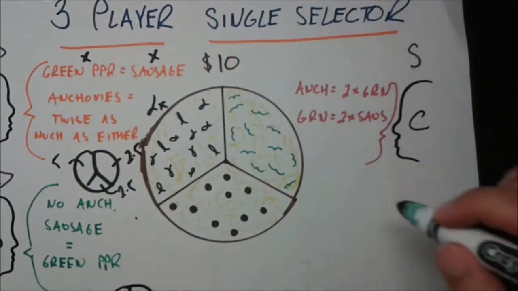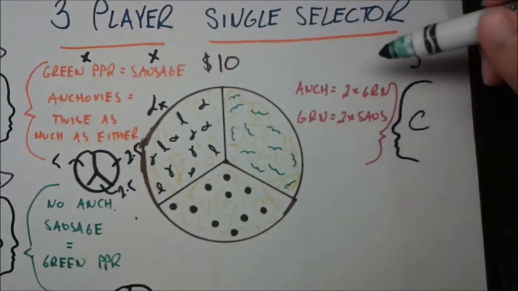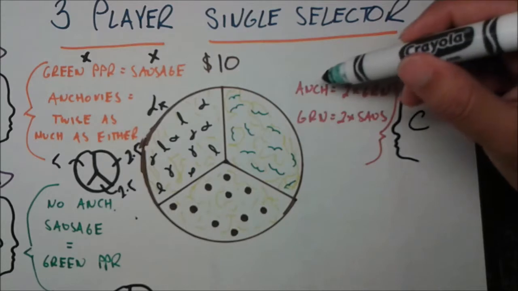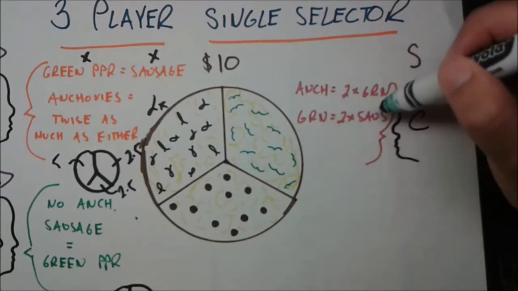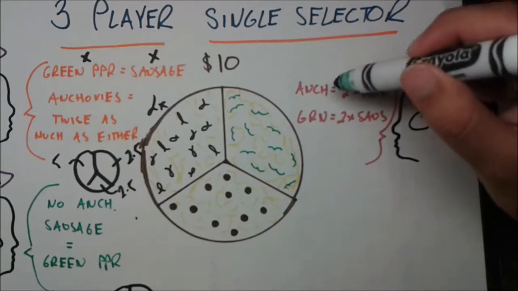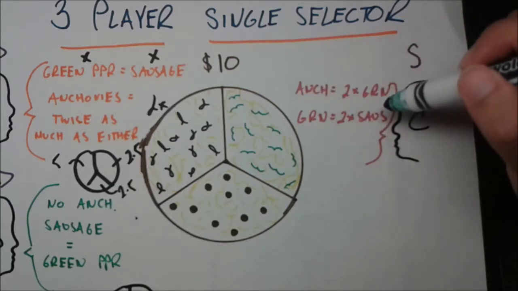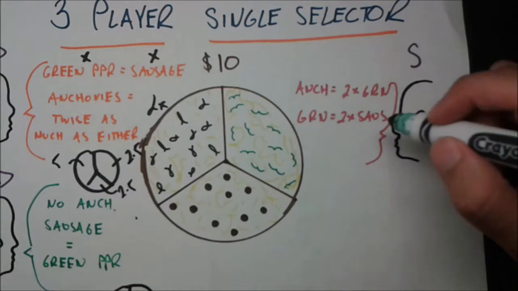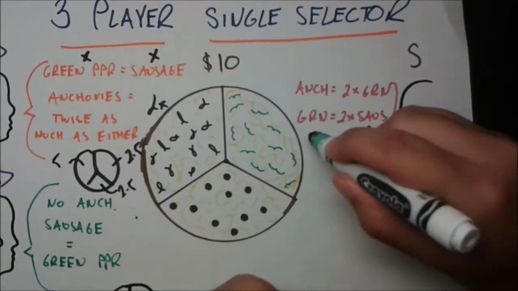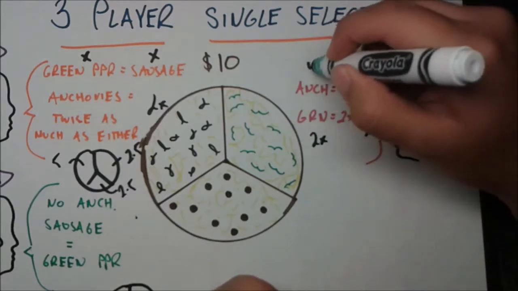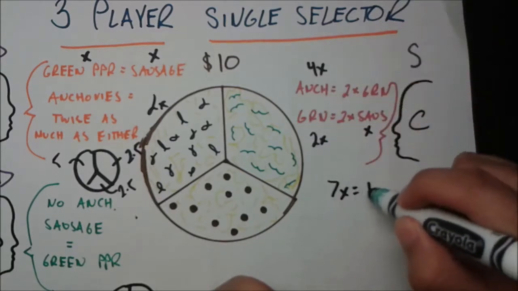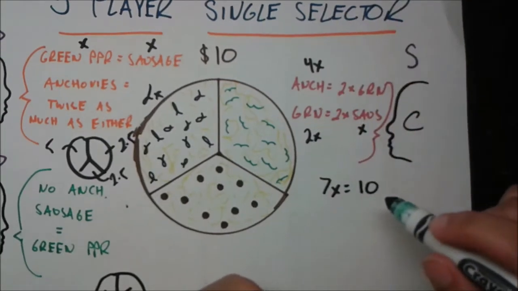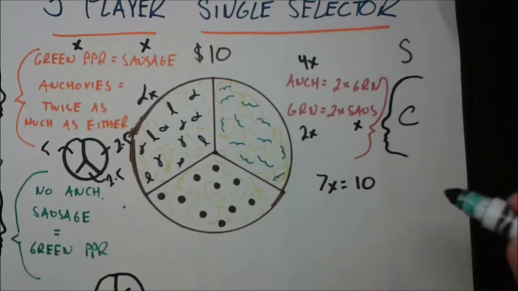Now, the last person is the most complicated. For him, anchovies are worth twice as much as green peppers, and green peppers are worth twice as much as sausage. So if we infer, we can see that anchovies are worth 4 times as much as sausage. So what does that mean? If sausage is worth x, then green peppers are worth 2x, then anchovies are worth 4x, and all of this must add up to 10. And this comes out to a little bit of a not nice number, but I've worked it out.